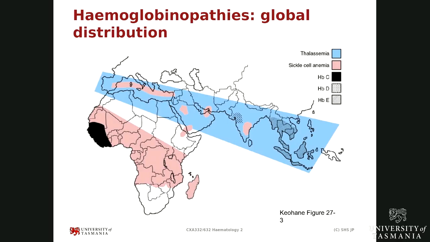Hemoglobin S or sickle cell anemia, the pink, is most widely distributed, and then hemoglobin E, very common in Southeast Asia. Hemoglobin D has just that little pocket in West India there, and hemoglobin C is in West Africa. They're roughly about the place where Plasmodium ovale replaced Plasmodium vivax, so that's quite interesting, isn't it?